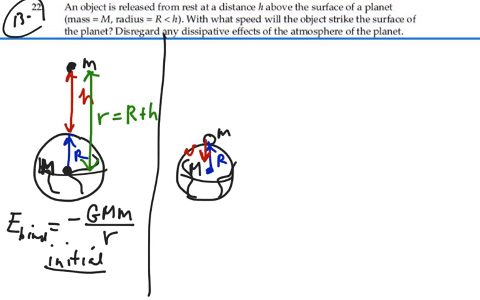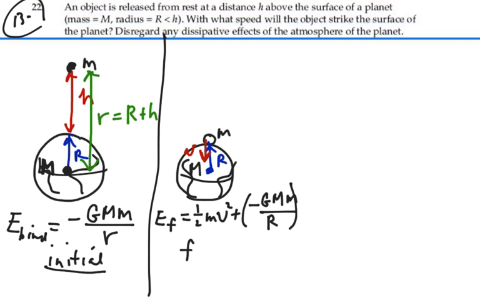So the final energy is going to equal 1/2 mv squared plus our potential binding energy, which would be negative G big M little m over the distance between them, which in this case would just be the radius of the planet R. Okay, and this is the way things look finally.